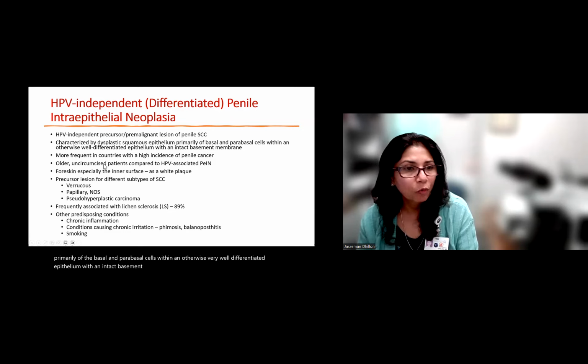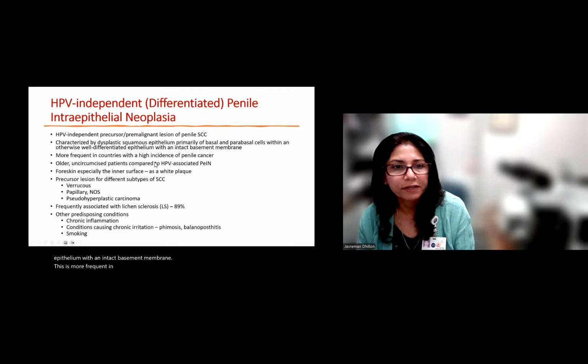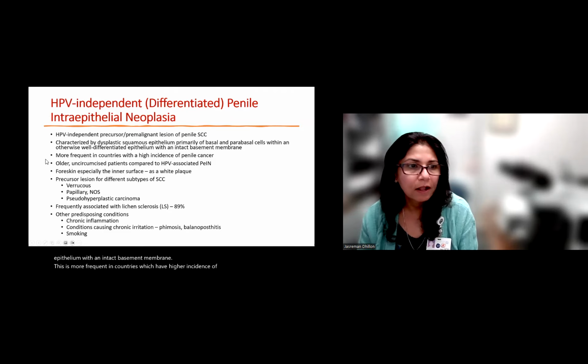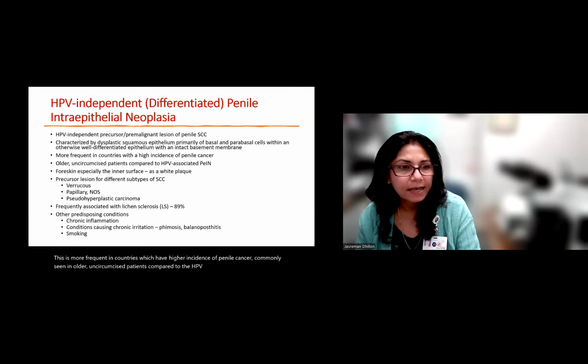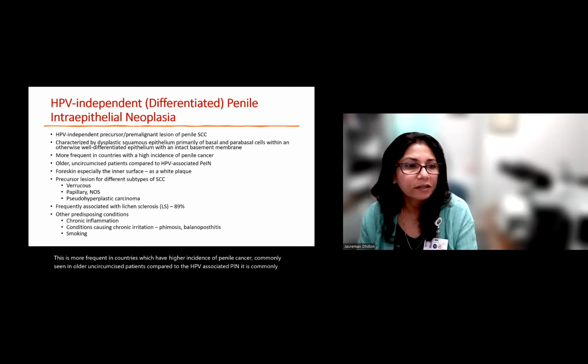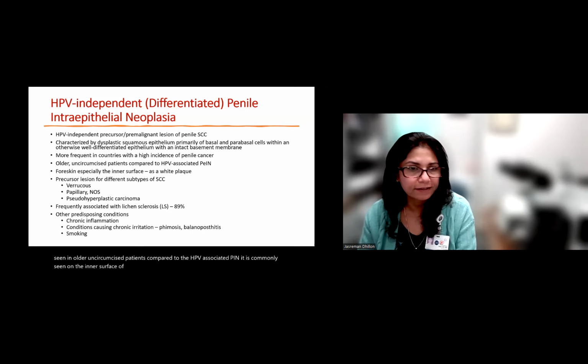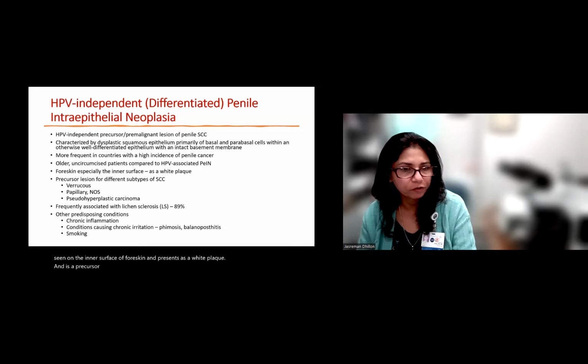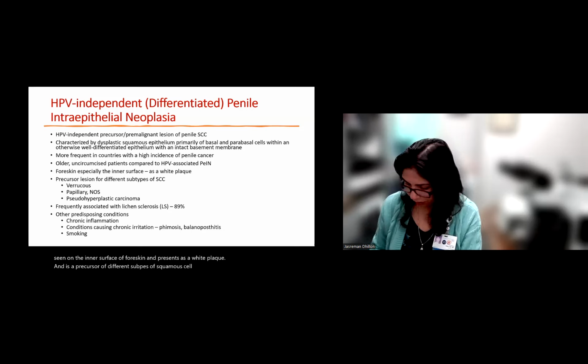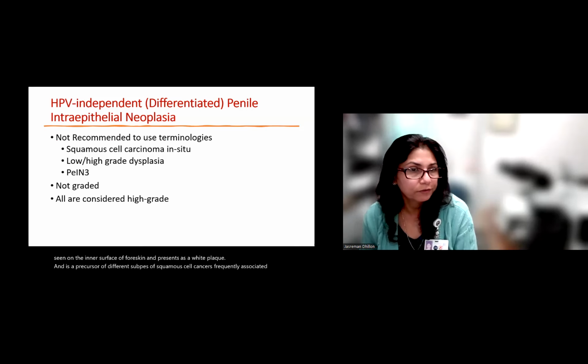This is more frequent in countries which have a higher incidence of penile cancer, commonly seen in older uncircumcised patients compared to the HPV-associated PEIN. It is commonly seen on the inner surface of the foreskin and presents as a white plaque and is a precursor of different subtypes of squamous cell cancers, frequently associated with lichen sclerosus.